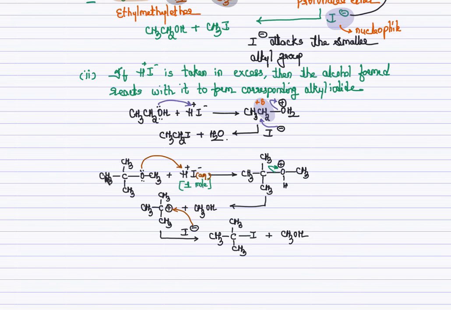In that case, the tertiary alkyl group becomes a halide and the smaller part becomes an alcohol. Just the reverse of what we observe in the first case. Pay attention. This is going to be very important for the exam, and you have to do this properly.